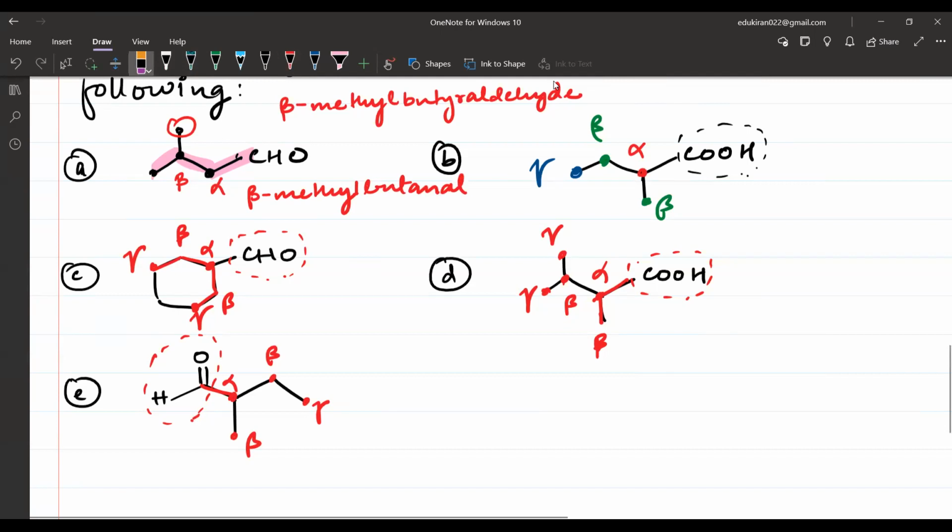Now, what about this one? One, two, three, four carbon atoms, and alpha is having a methyl group. So this will be named as alpha methyl butanoic acid.